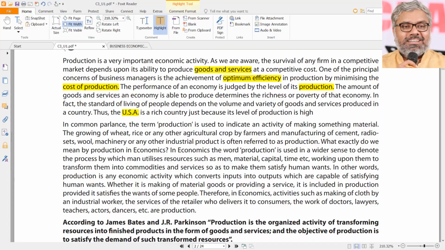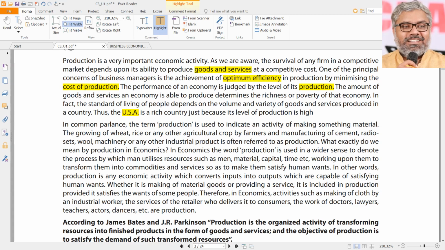Just because America has more rich people than India has? No. It's not about the people there. It's about the production, the value of the goods and services produced. That is what makes one country rich and another poor.